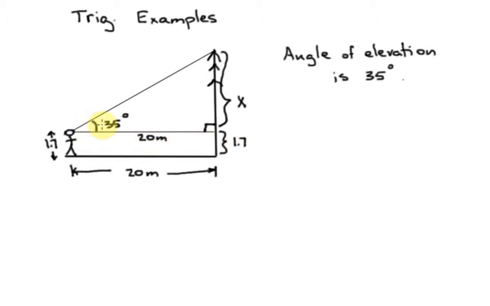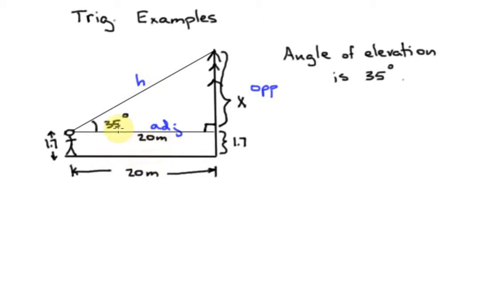Relative to this angle, and I'm just going to change colors here. Let's go with blue. This would be across from the 35 degrees, so that's opposite. And that makes this guy over here adjacent, because across from the right angle is the hypotenuse.